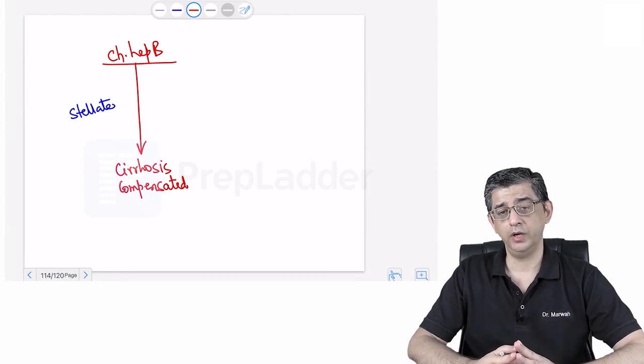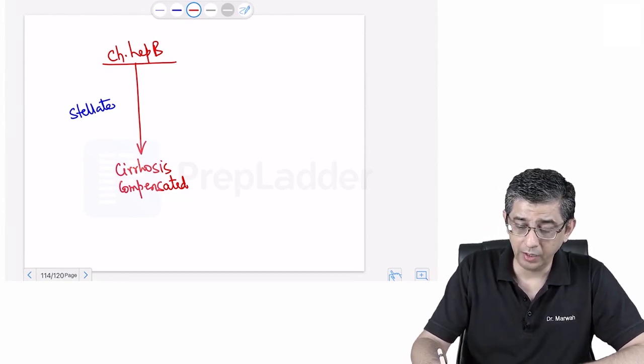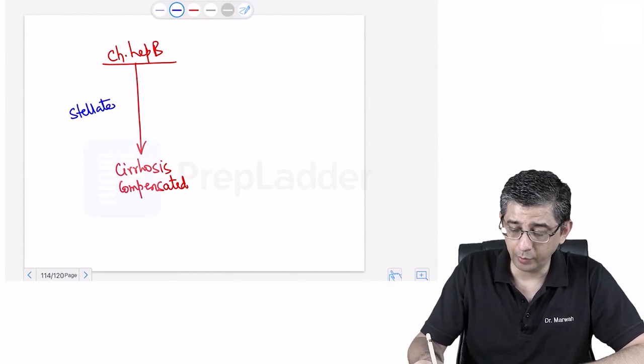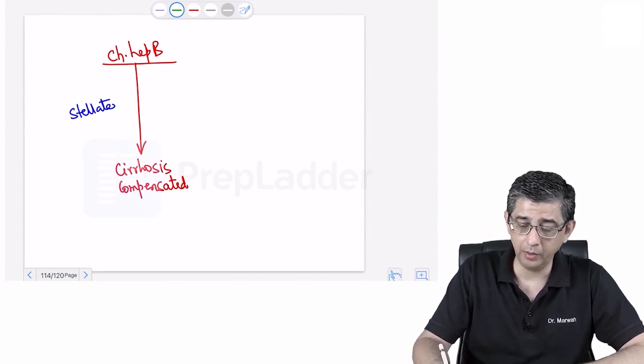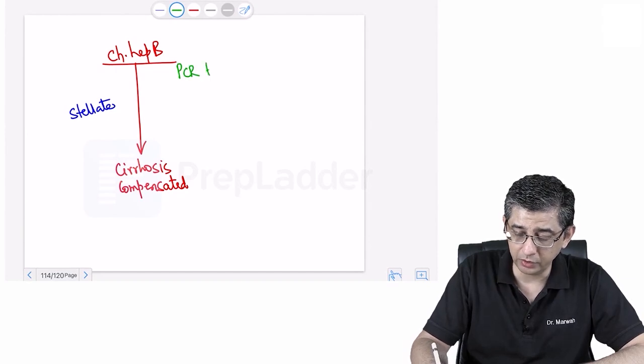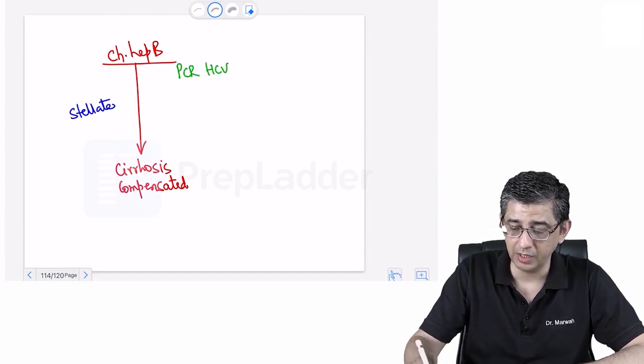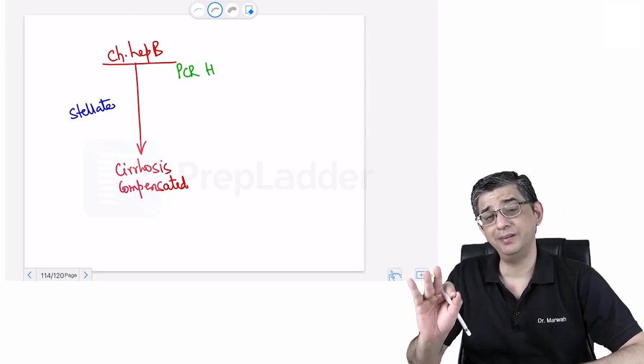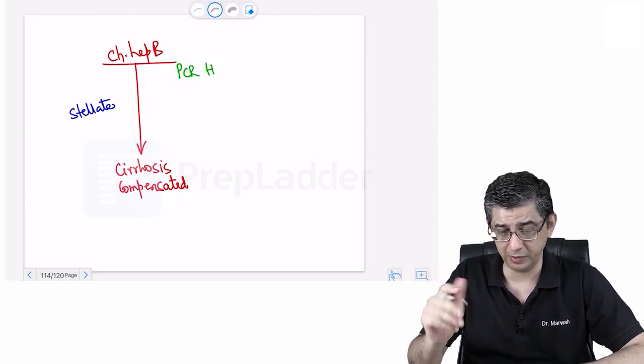If the person is having chronic hepatitis B, then I would like to check for the following lab reports of the patient. I will be ordering a PCR. Let's look at the threshold in PCR in this particular case, because that will be one of the important aspects to be remembered from the questions perspective.